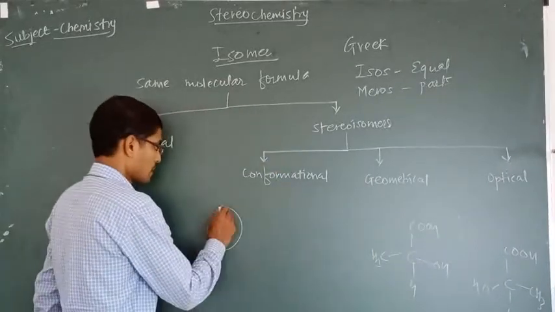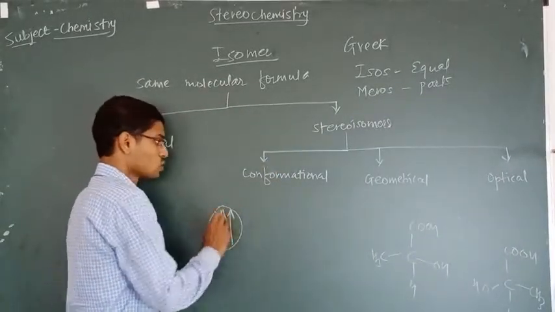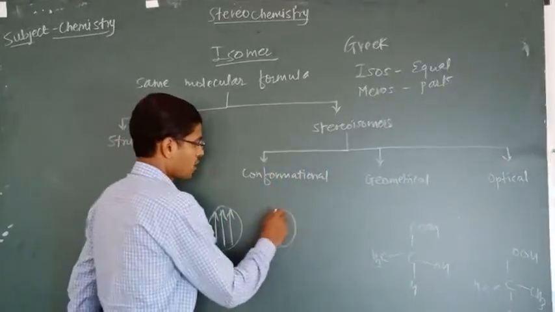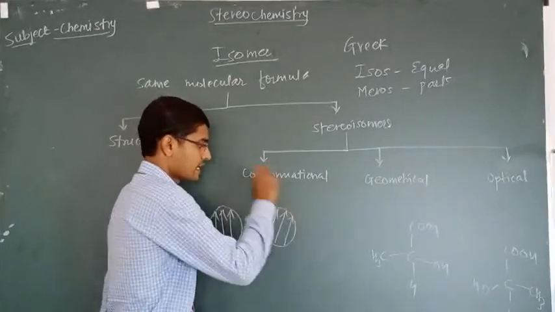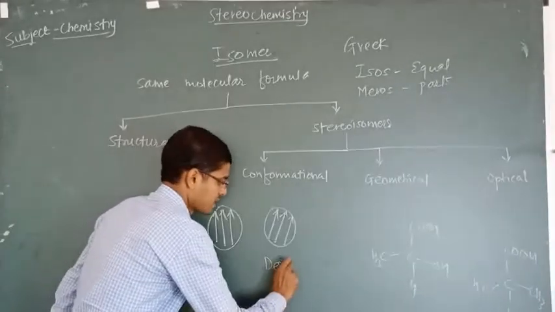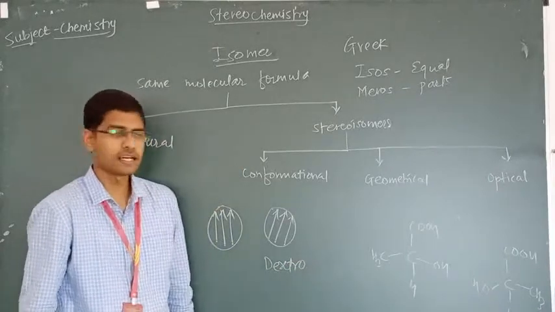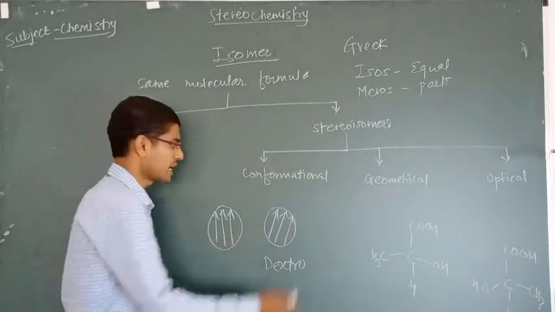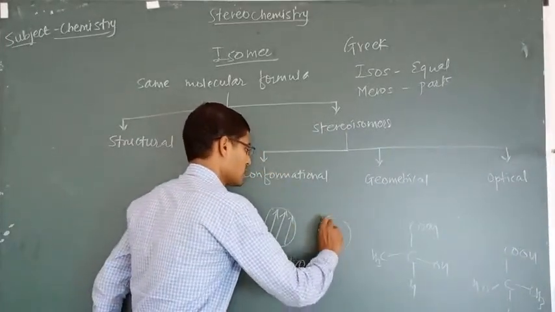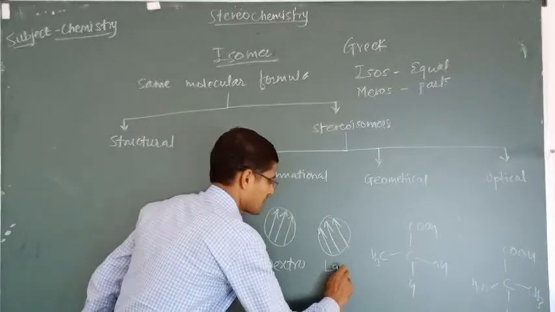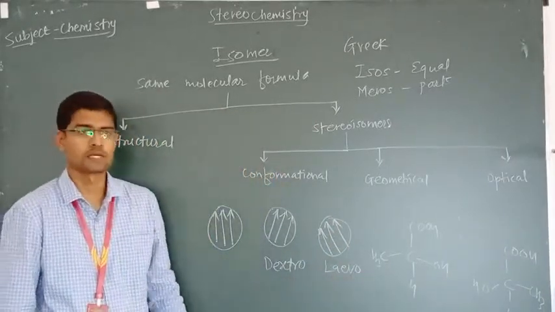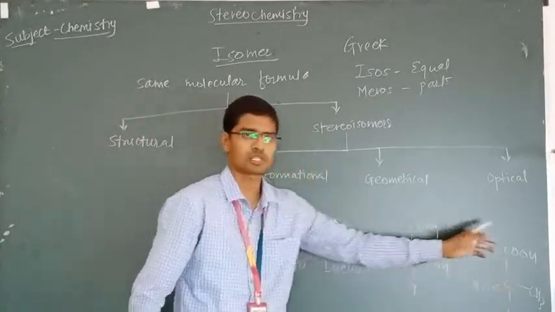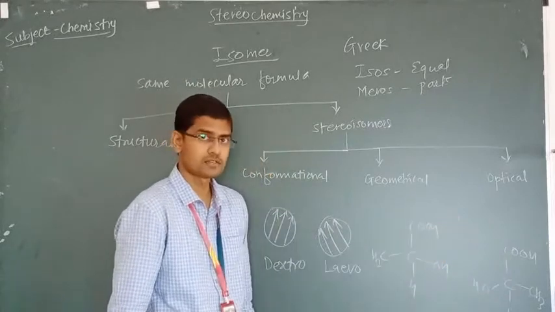If we pass plane polarized light through these two compounds, one of the compounds will rotate the plane of plane polarized light towards the right hand side, which is called the dextro isomer, and the other compound, which will rotate plane polarized light towards the left hand side, is called the levo isomer. Dextro isomer and levo isomer have the same molecular formula, same structural formula, but the orientation in space is different.